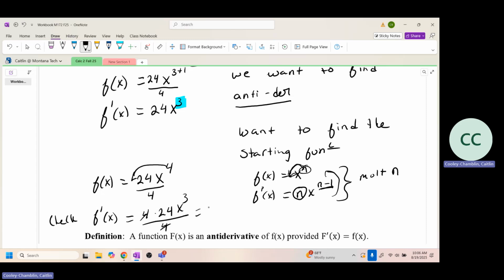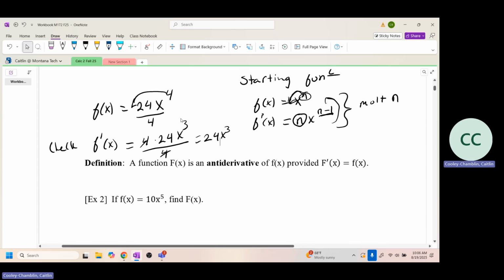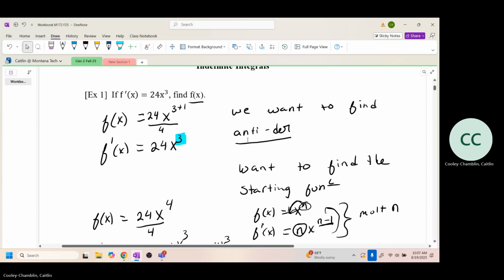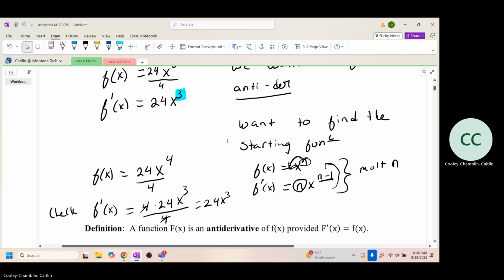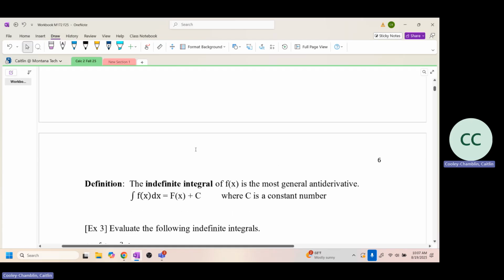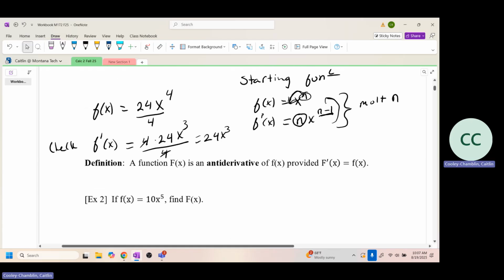These would cancel and leave us with 24x cubed. So that's what we were looking for. That was our derivative. So that means our original function is 24x to the 4th divided by 4. Now, I'm going to leave it like that for right now. And we'll talk about an issue with this problem.